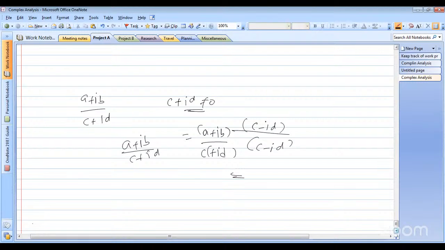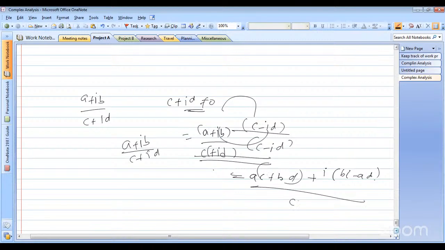So a plus ib times c minus id. Now I am multiplying: ac plus b into i square, which is minus 1, then I common this bc minus ad. I already told in the beginning of the class, this is c plus id times c minus id, which gives c square plus d square, because i square is minus 1, so minus into minus plus c square plus d square.